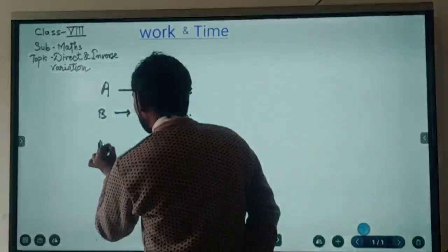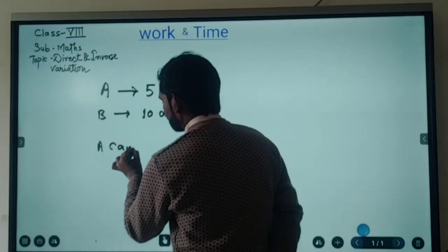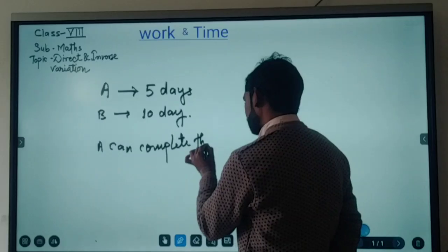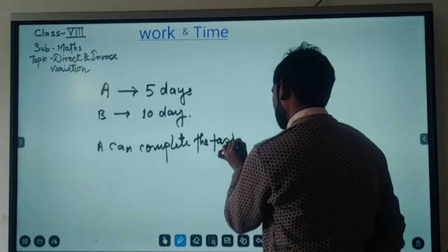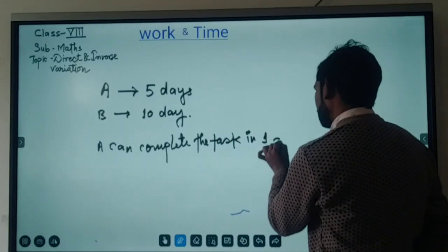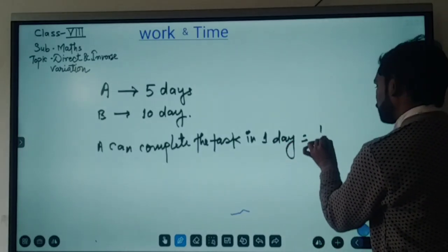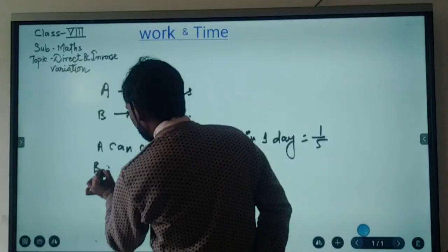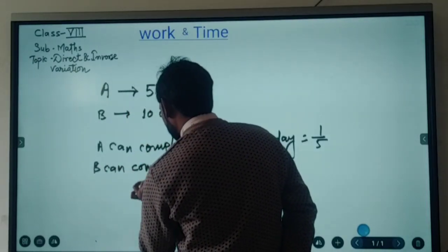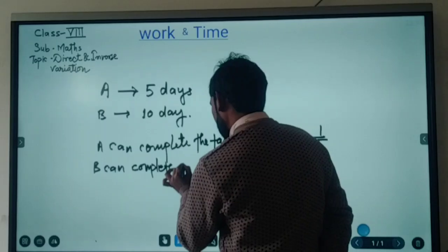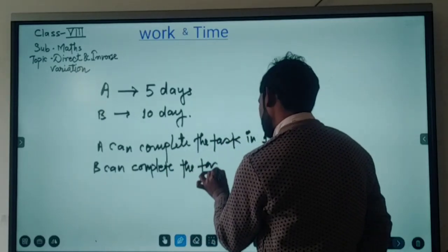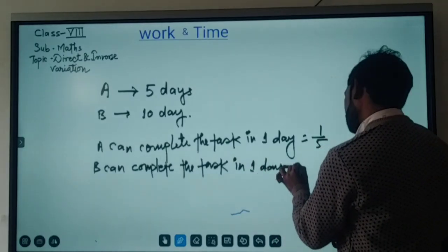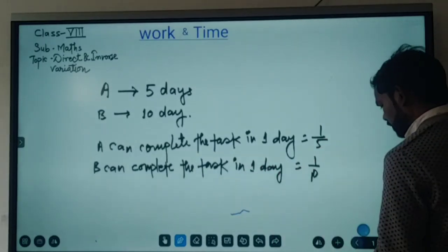A can complete the task in 1 day equal to 1 upon 5. Similarly, B can complete the task in 1 day equal to 1 by 10.